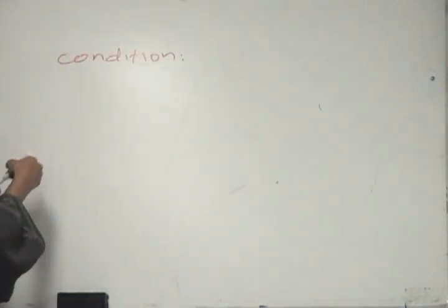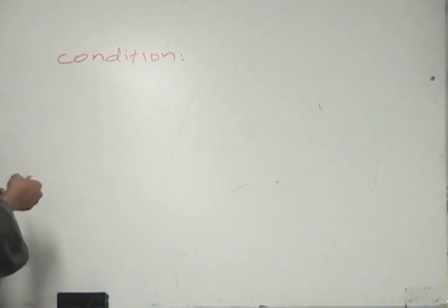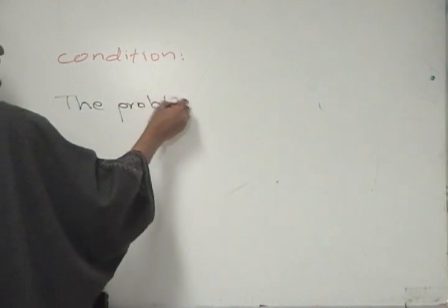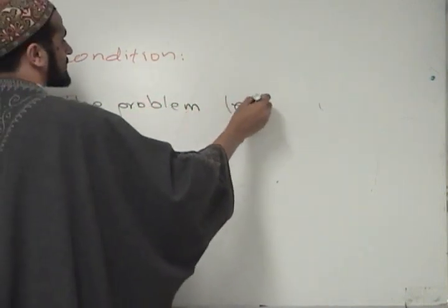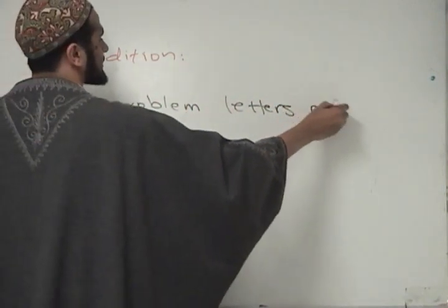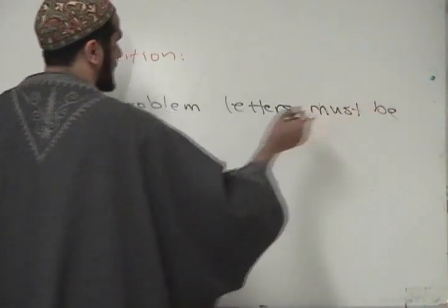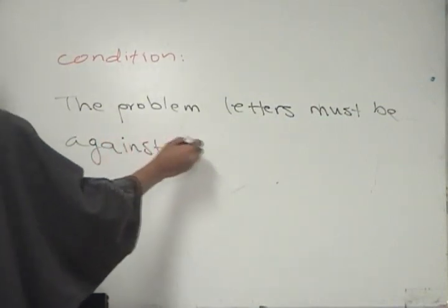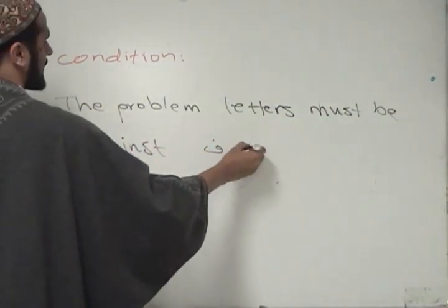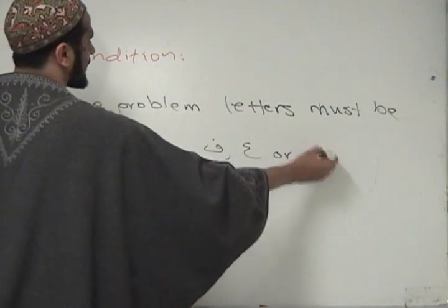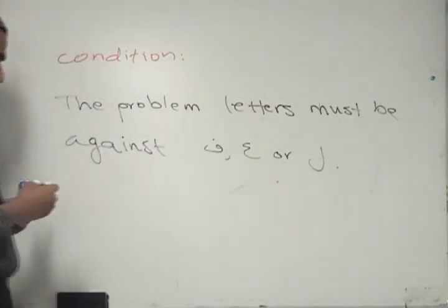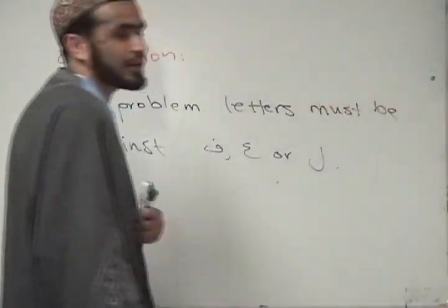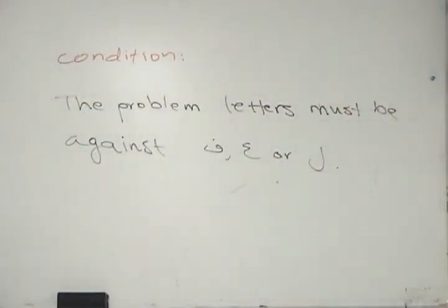The condition is the problem letters must be against fa, ain, or lam. Has to be against fa, ain, lam. So if it's outside fa, ain, lam, then you don't call it mahmuz, mu'tal, or mudha'af.